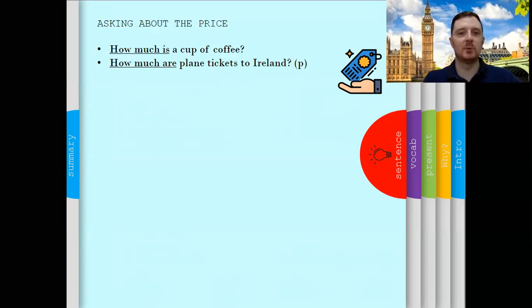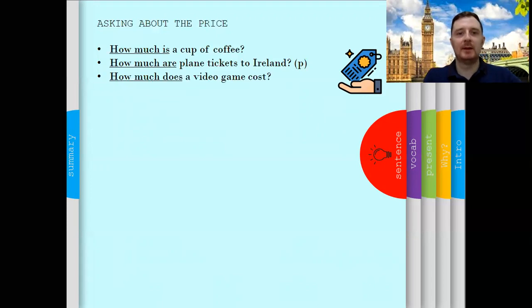So we say how much are, for example, plane tickets to Ireland. To Ireland, that's my country where I come from. So how much are plane tickets to Ireland? How much are plane tickets to Dubai? How much are plane tickets to Thailand? Okay, so remember, if it's a singular noun, how much is? A plural noun, how much are?